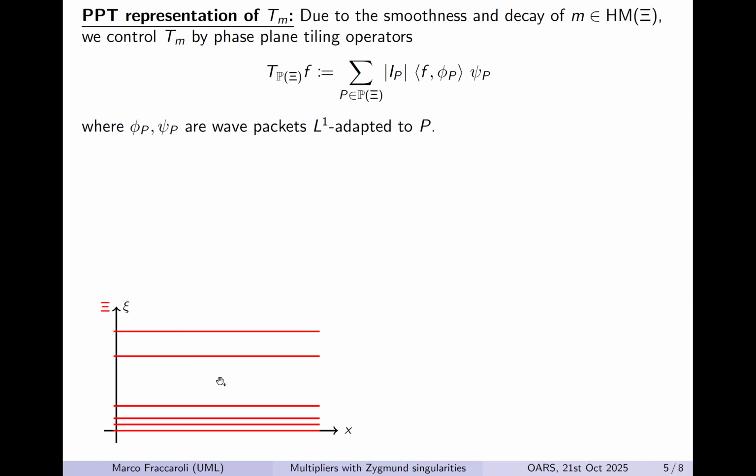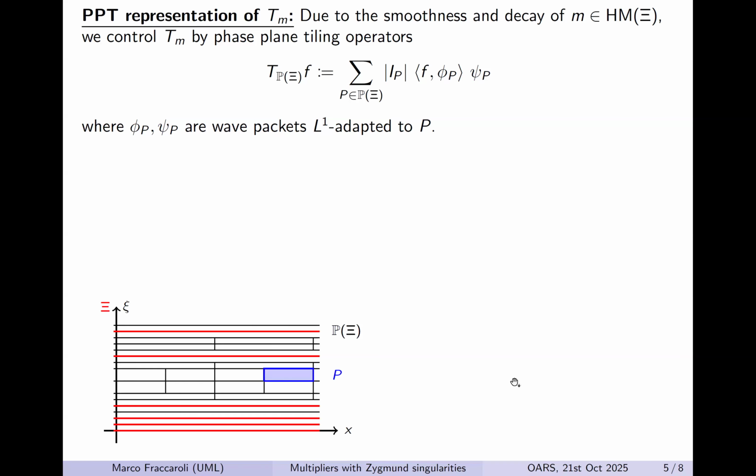What are these tiles? You look at the phase plane, the plane with the time variable x and the frequency variable psi, and you highlight the singular frequencies, capital Xi. Then you perform a Whitney decomposition of the remaining intervals, and you construct tiles out of this.